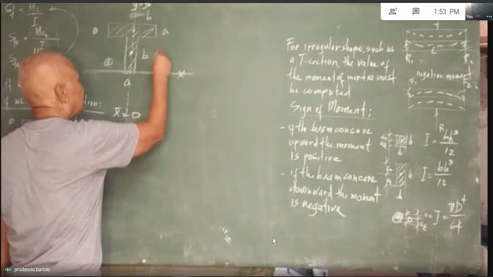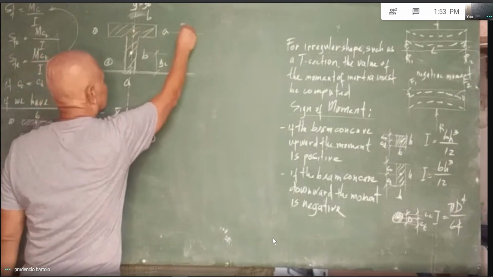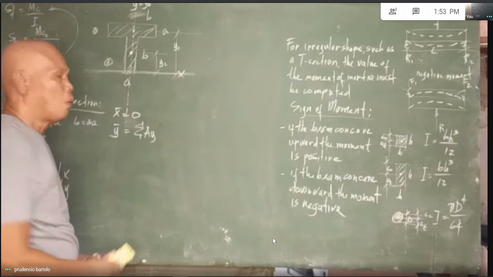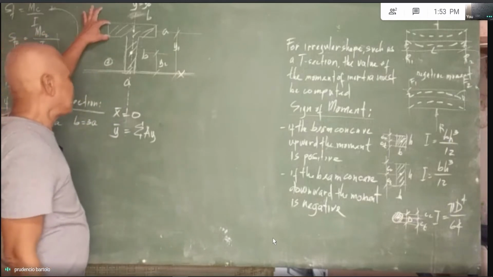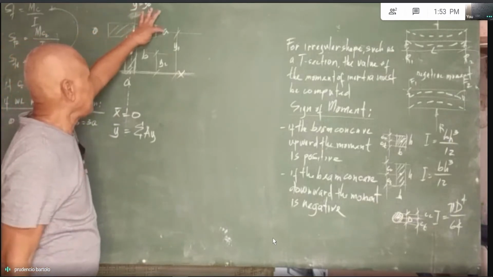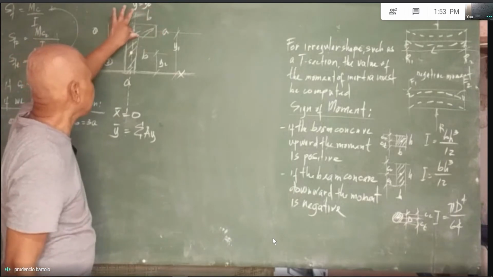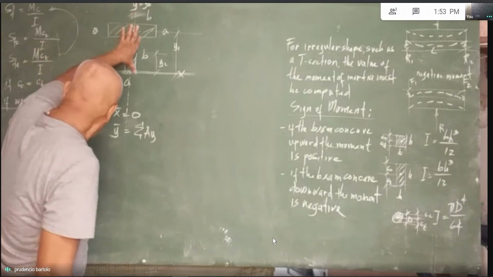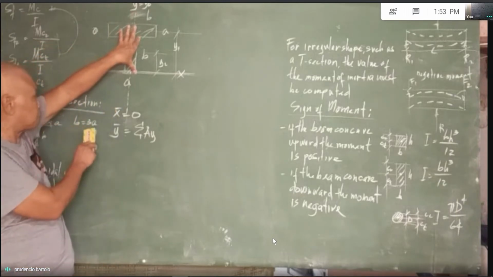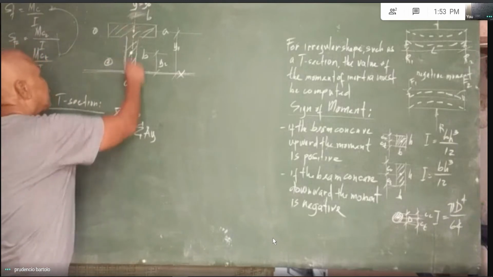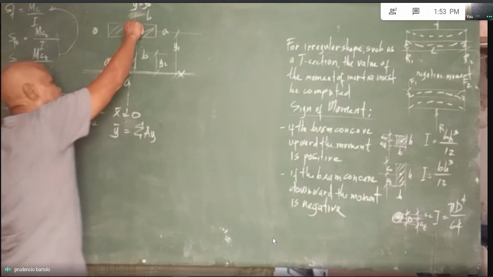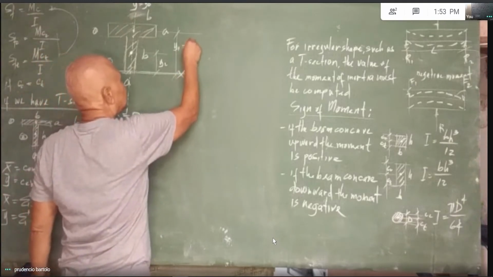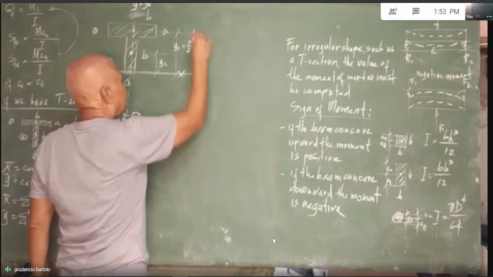y sub 2 in here, and this is y sub 1. y sub 1 is located at a over 2 here, from this point, plus this b here, where we are going to consider that b is equal to 3a, therefore 3a plus half of a. So that is equal to 7 over 2 of a.